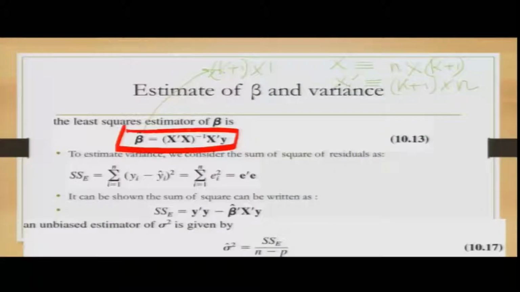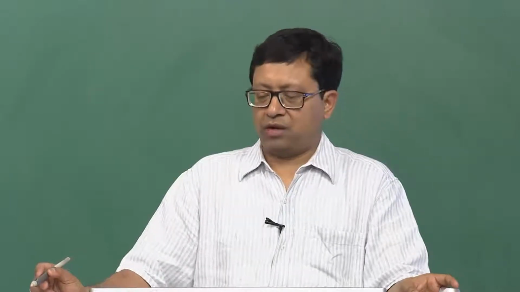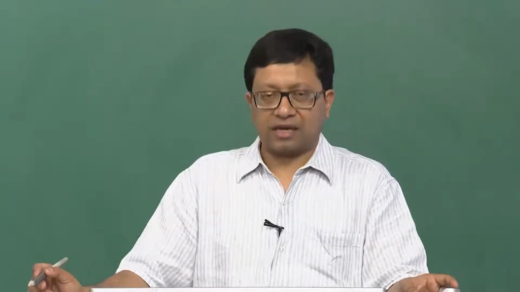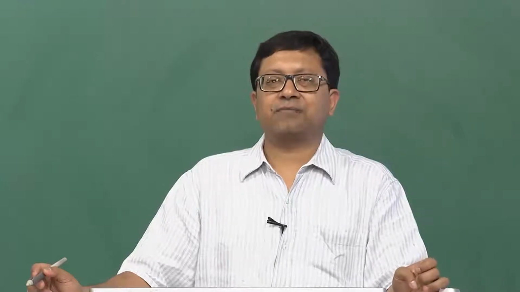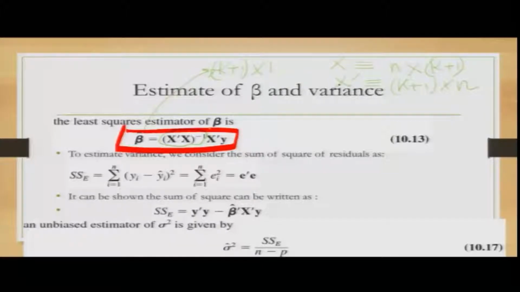So, the first step is done. Now, you are again going to multiply with x transpose. The size of x transpose is k plus 1 cross n. So, k plus 1 cross k plus 1 into k plus 1 cross n would basically be of size k plus 1 cross n. So, this is also taken care of. Now, what is y?